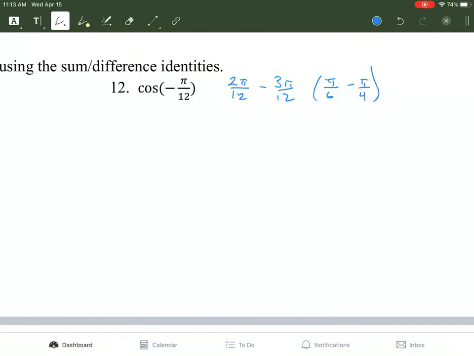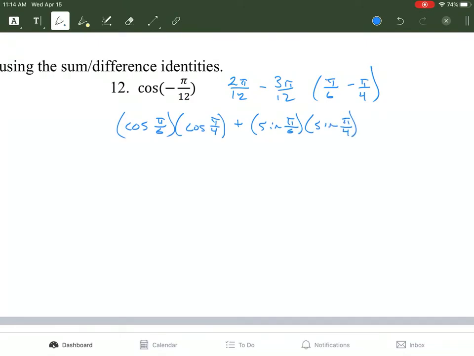So now we go to the cosine sum and difference, where it's going to be x minus y. The formula would be cosine of pi over 6 times the cosine of pi over 4, plus the sine of pi over 6 times the sine of pi over 4.